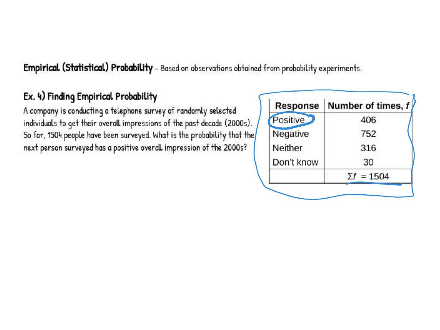So positive, 406 people have said that. So the probability would be 406 over our total number of people. And you could change that into a decimal or a percentage, or you can leave it as that fraction.